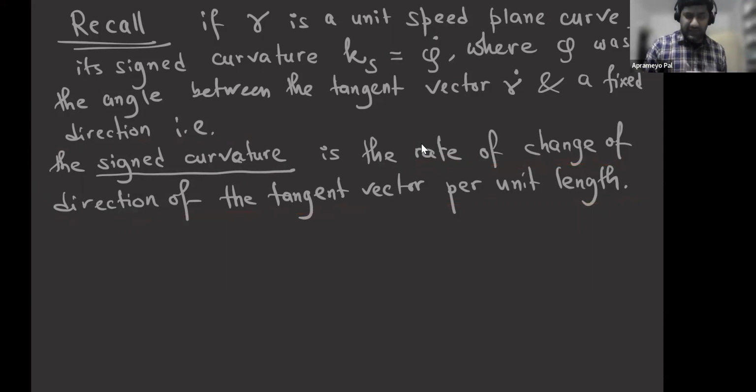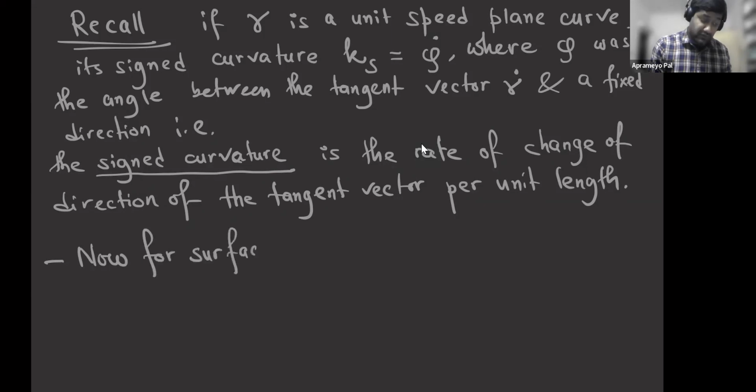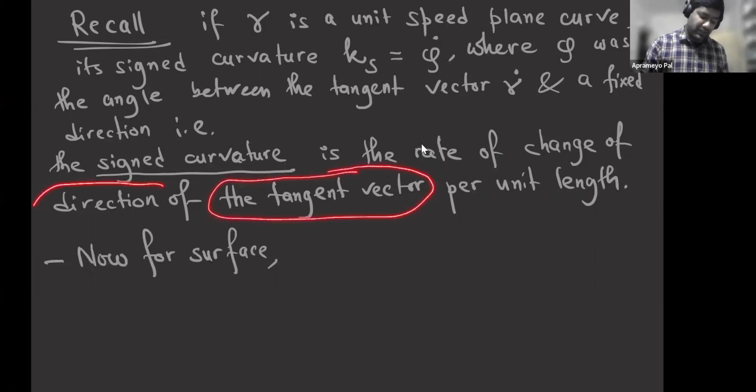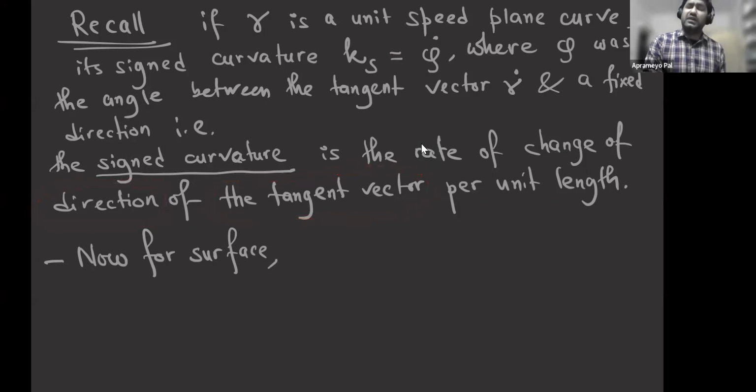Now, as I am trying to motivate you every time, once we know the notion of curvature, let's say in the case of curves, we try to generalize a similar notion for surfaces. So for surfaces, we have to suitably change all these things, like the tangent vector or the direction, how they are measured.